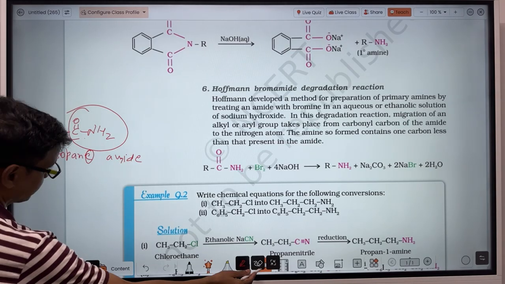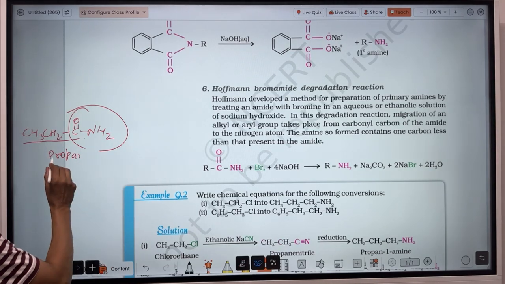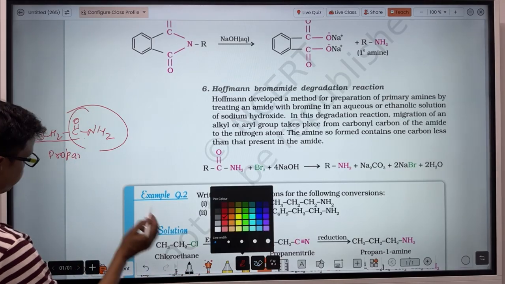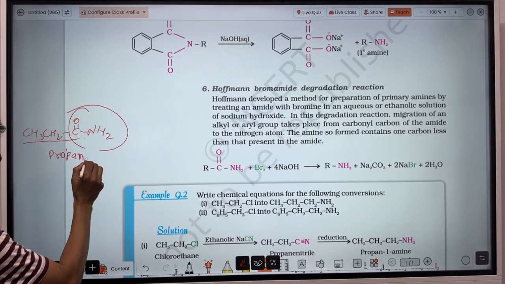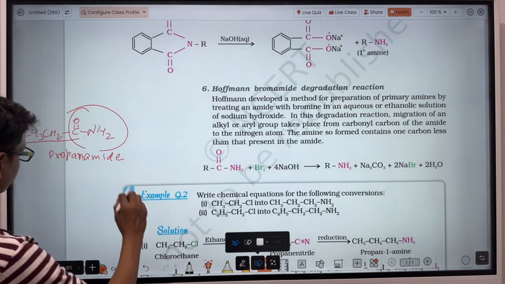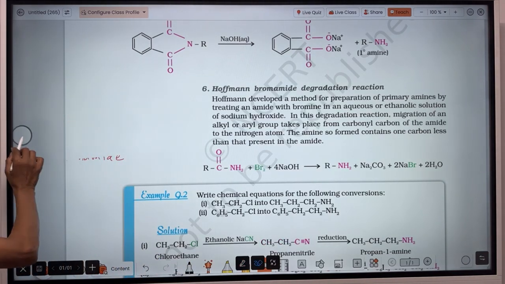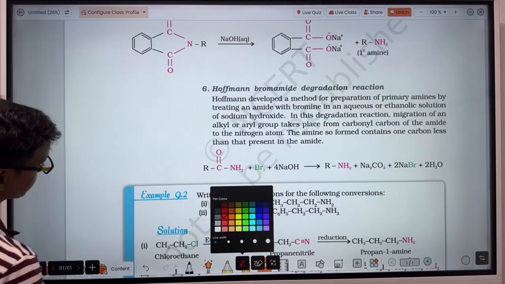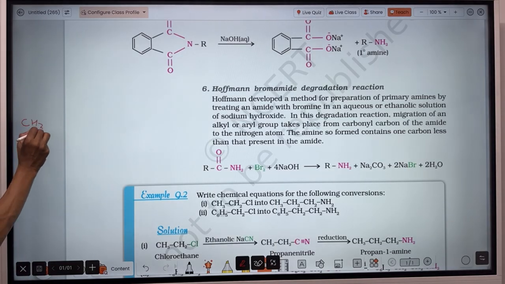So its IUPAC name will be propanamide. Okay, that was how to write the IUPAC name. Now let's see how the reaction is taking place. So propanamide we firstly take.